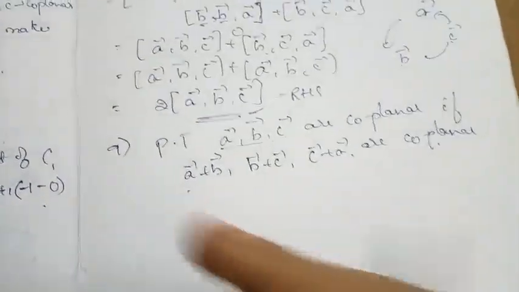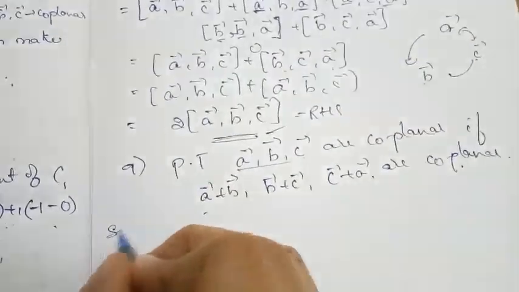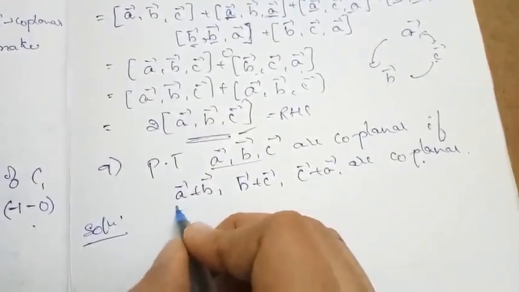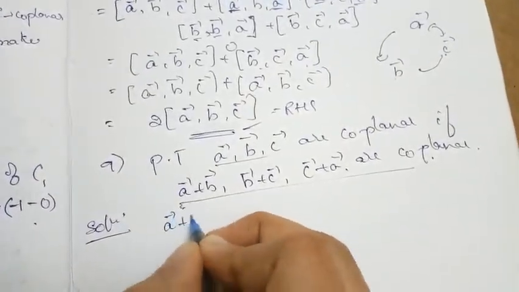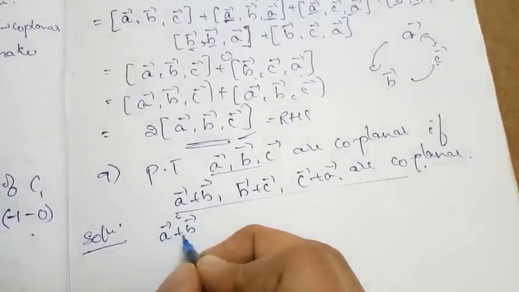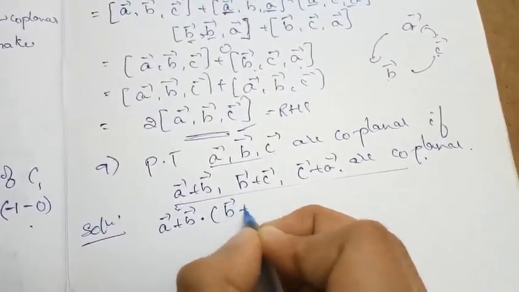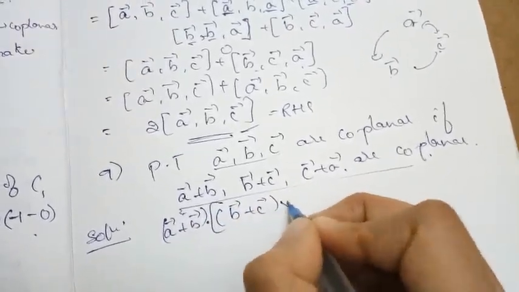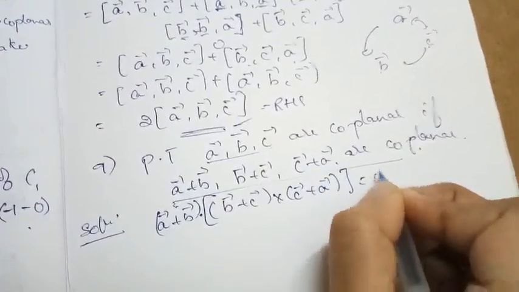How are we going to start? I'll just give the hint. Solving part is left to you. They have given that these three vectors are coplanar. So that means (vector A plus vector B) dot (vector B plus vector C) cross (vector C plus vector A) is equal to 0.